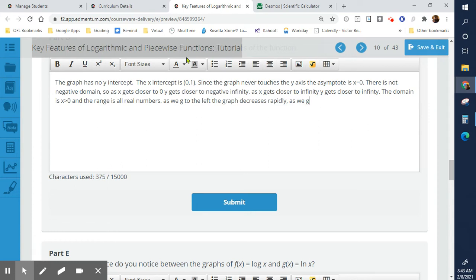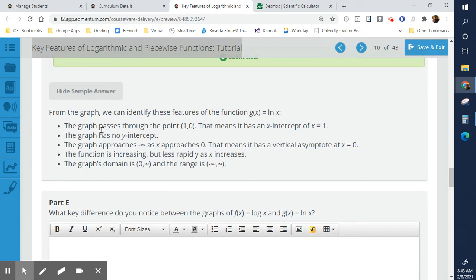As we go to the right, the graph increases. It increases, but it's doing it slowly. So we're going to say that the graph increases slowly. And you're going to see that literally everything's the same.